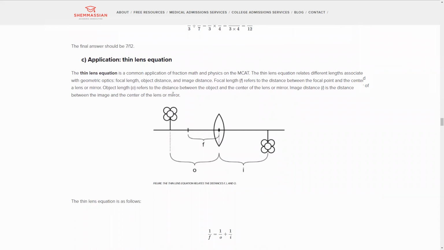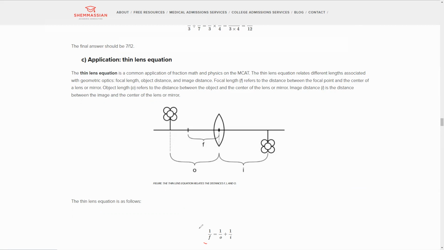Anybody doing physics, have you guys seen the thin lens equation yet? Thin lens equation for optics and stuff. This is a common application of fraction math and physics on the MCAT.